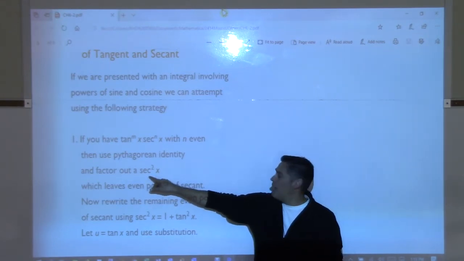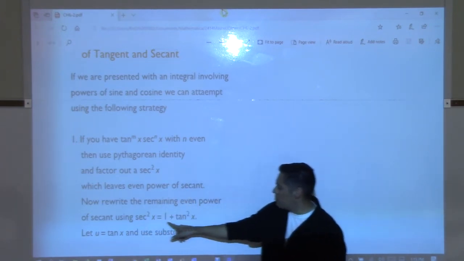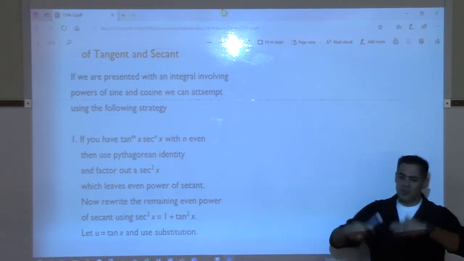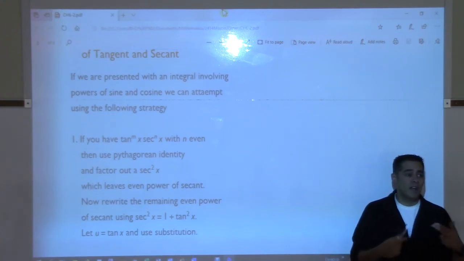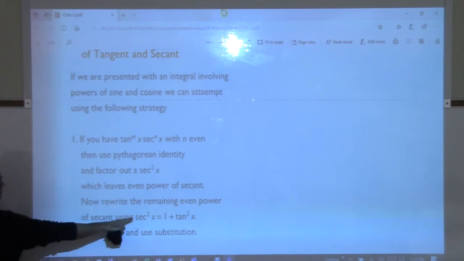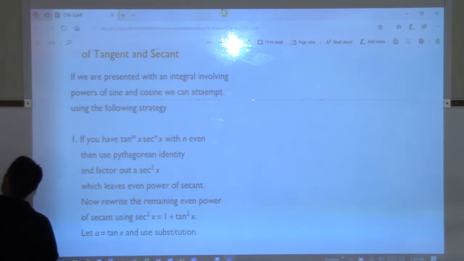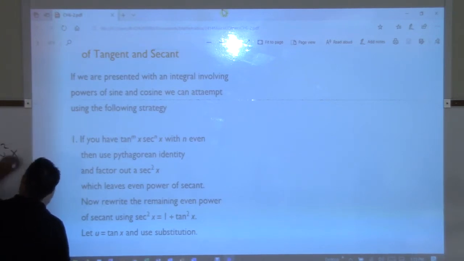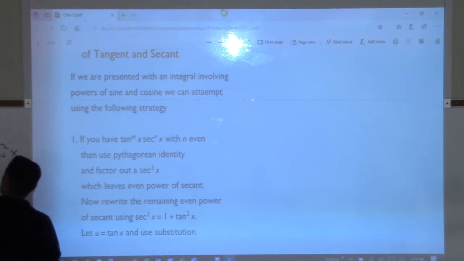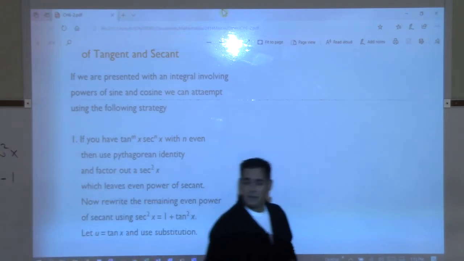Then we'll be left with some even power of secant, and we can use the Pythagorean identity to rewrite it. So it's very much the same procedure as sine and cosine, it's just we're using different identities. On the board over here, I'm going to put our identities. We have this identity here, which we'll be using: 1 plus tangent squared x is equal to secant squared x, and tangent squared x is equal to secant squared x minus 1. Those are the main ones we're going to use today.